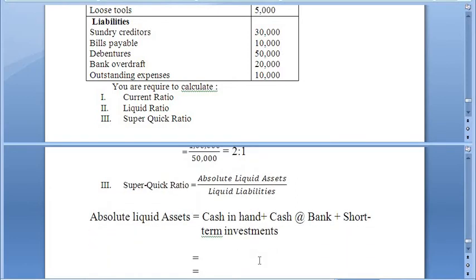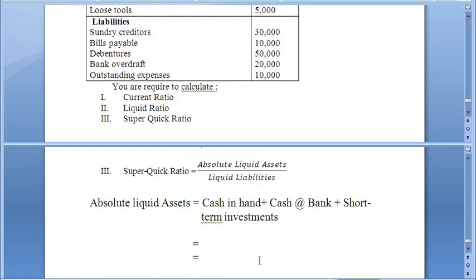Absolute liquid assets are the assets which are in cash form or which can be easily converted into cash. Such assets are called absolute liquid assets. They include cash in hand, cash at bank, and short term investments.